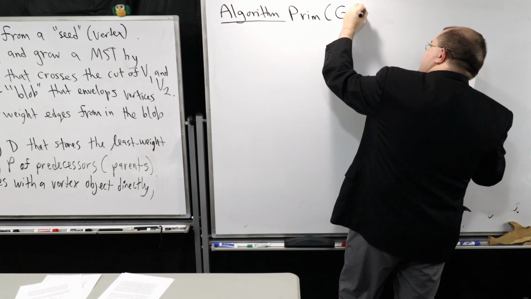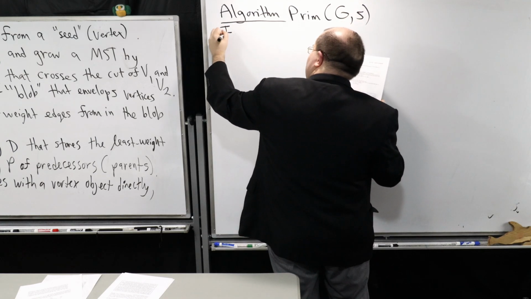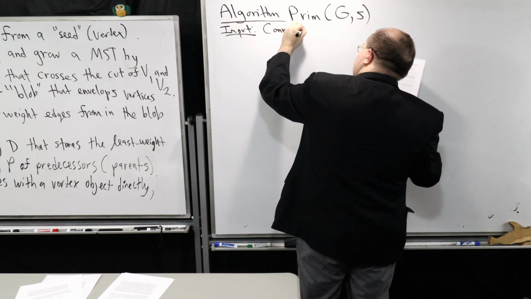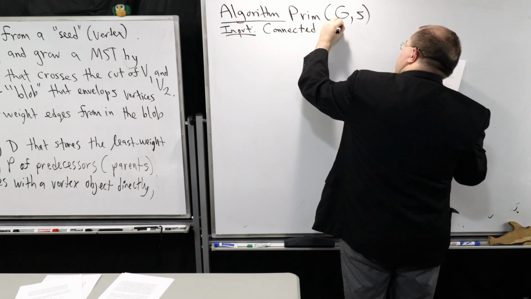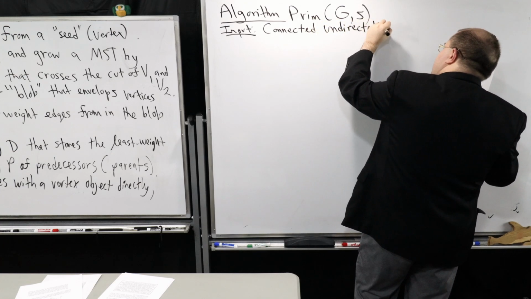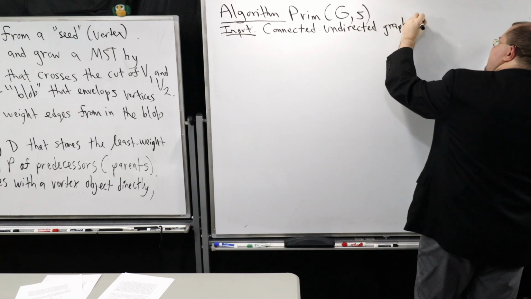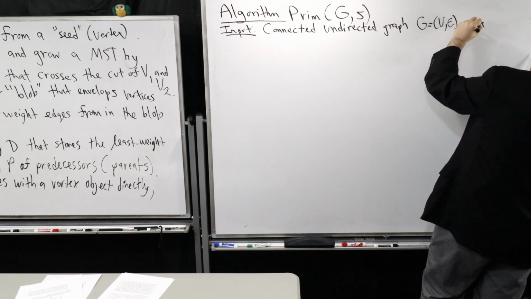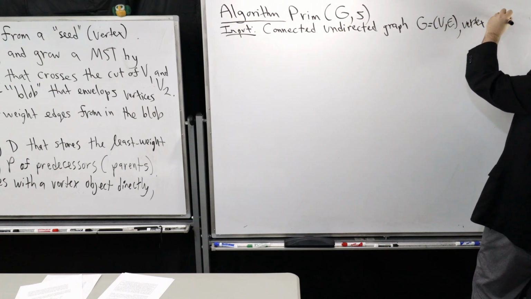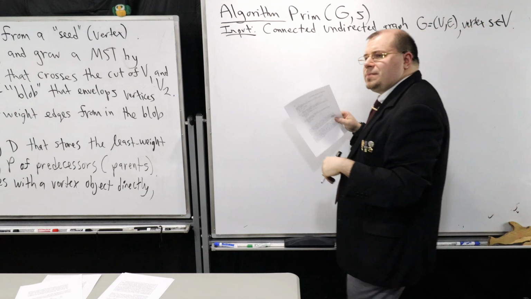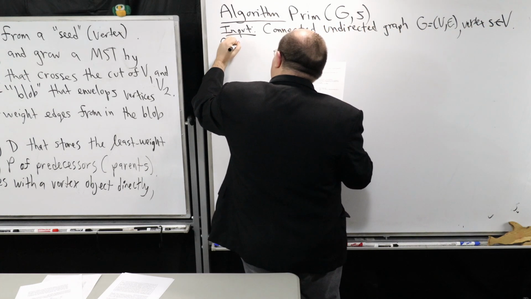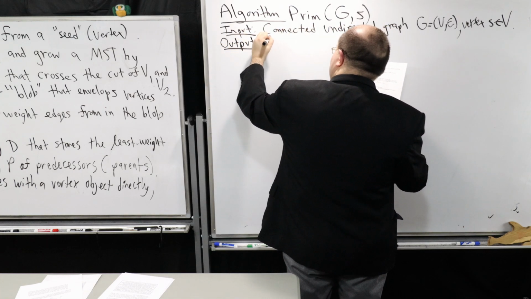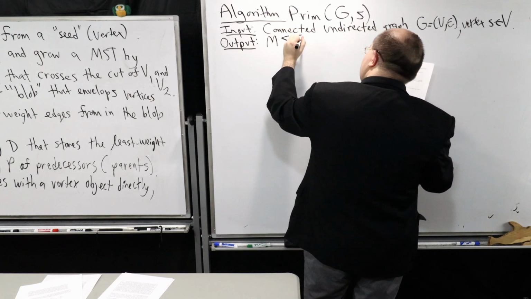I'm going to give you a connected undirected graph G = (V, E), and a vertex s, which is one of the vertices in the graph. That's just our start, or some people would refer to that as the source. It makes more sense in the next problem I'll talk about next class. The output will be a minimum spanning tree of G.